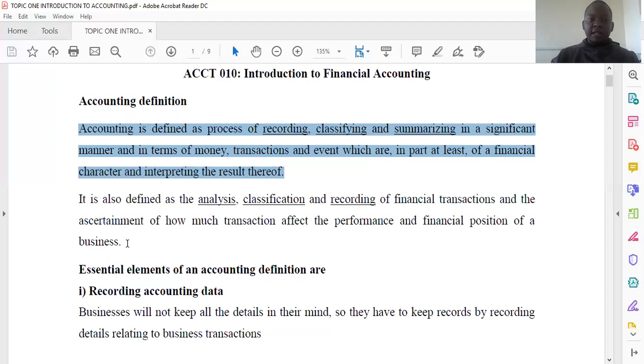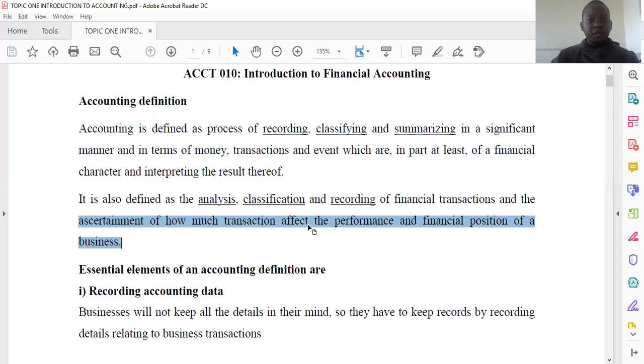We also have a second definition, which defines accounting as the analysis, classification, and recording of financial transactions and the ascertainment of how such transactions affect the financial performance and position of a business.